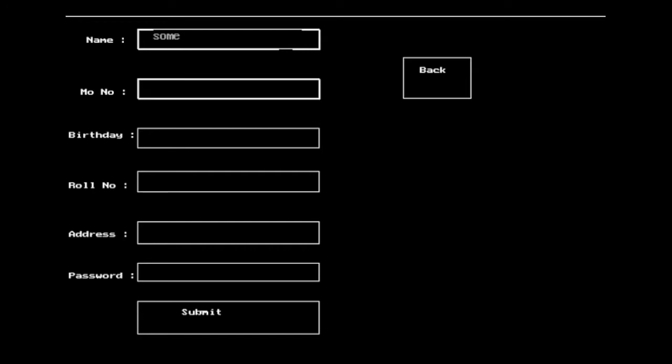Let's look at mobile number: 112, invalid length. We have to enter a 10-digit mobile number over here. Done. Then birth date, if you enter like this, it's not valid, right? We have to enter in the specific format. So let's do that. Done.